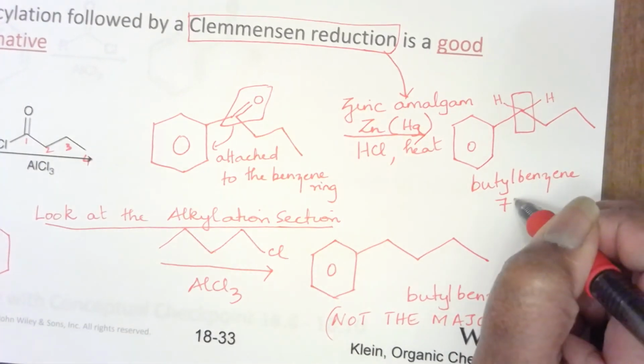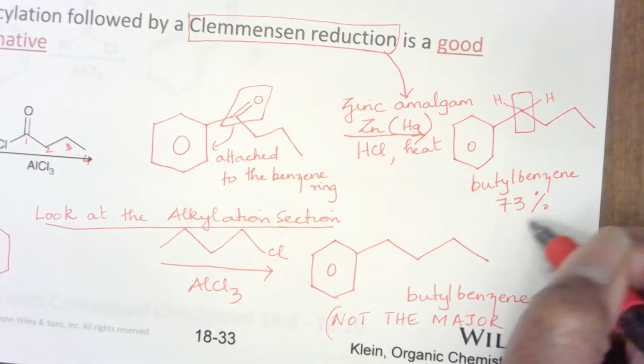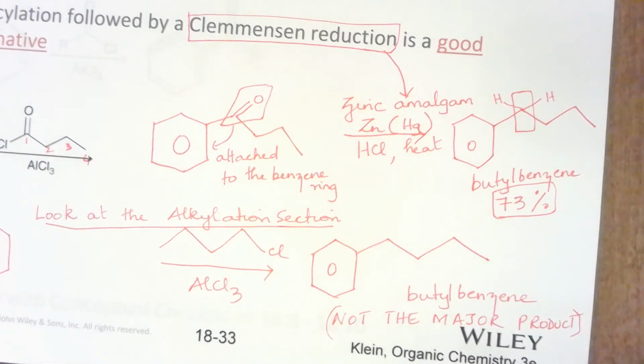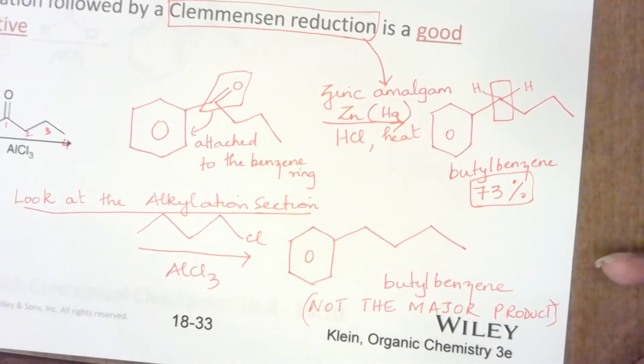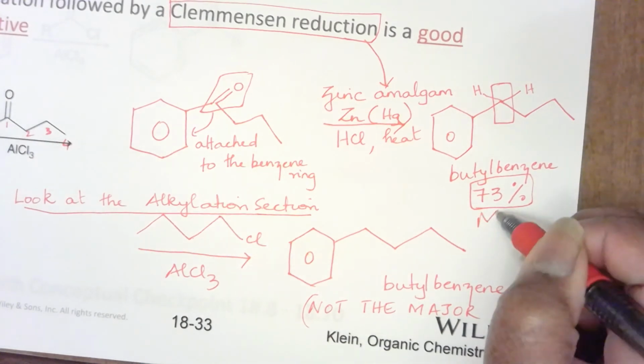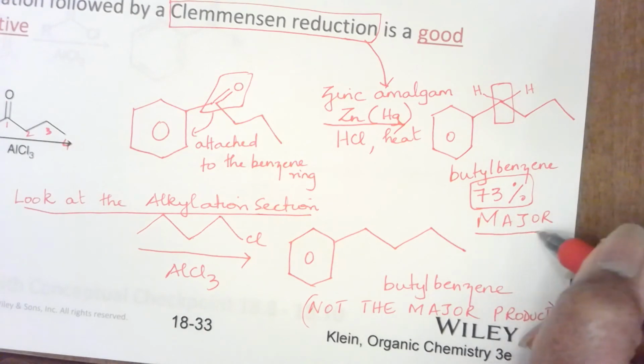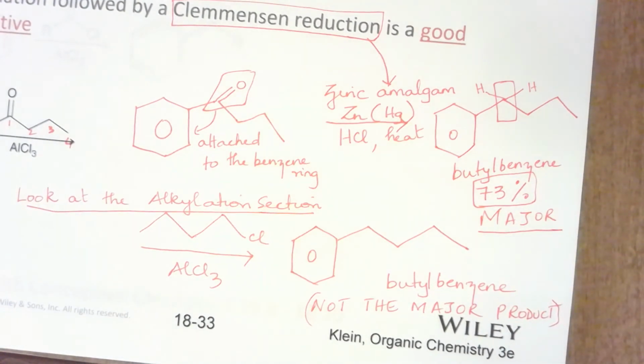So butyl benzene is produced as the major product. In this particular case, it says that they get about 73%, which is a very good yield for organic reactions in general.